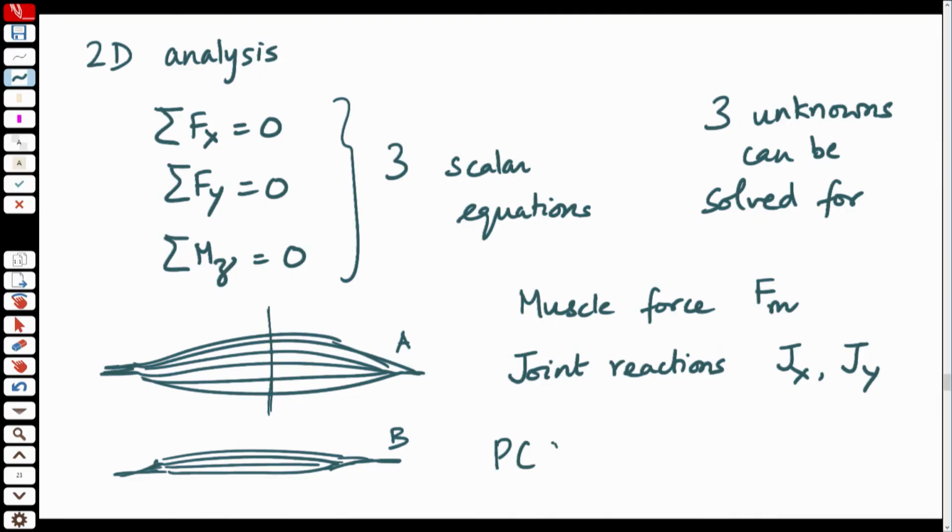So, a muscle with the greater physiological cross section area can produce more force. So, sometimes when we use multiple muscles, we will make an assumption based on the cross sectional areas, to say this muscle may contribute something proportional to its cross sectional area.